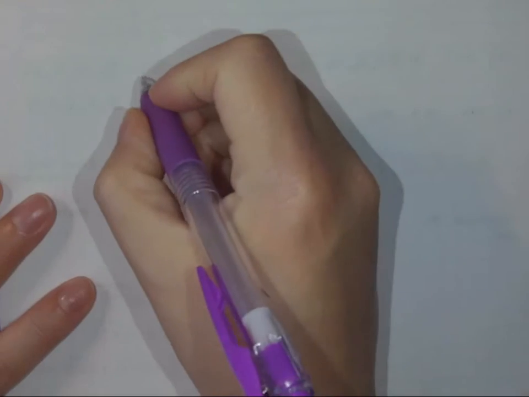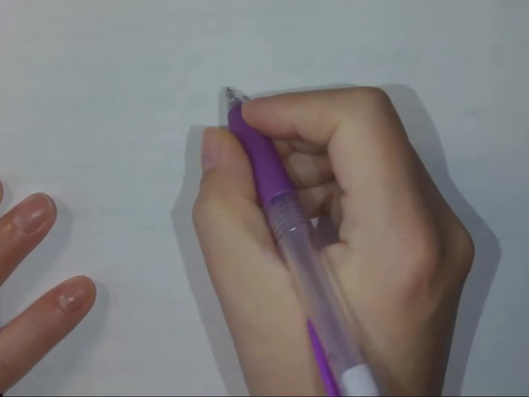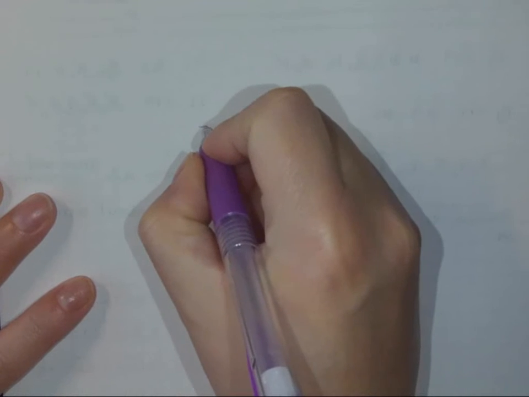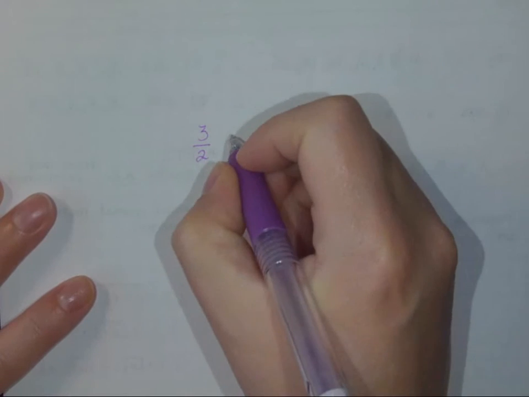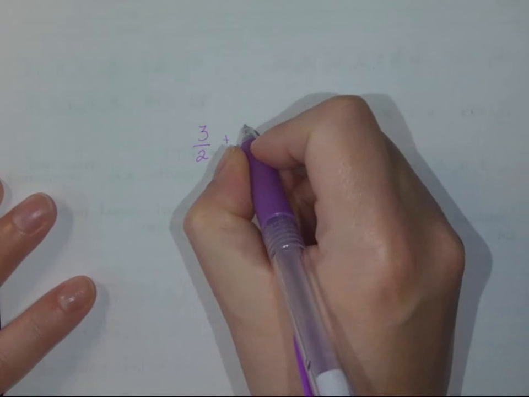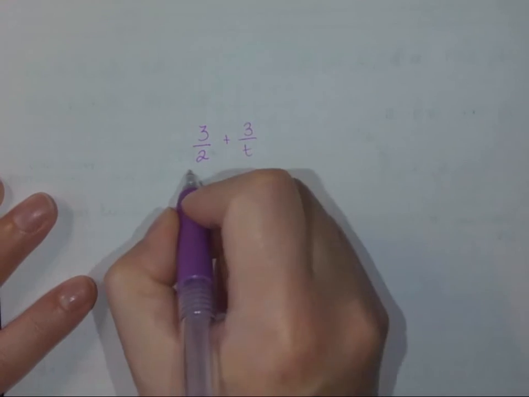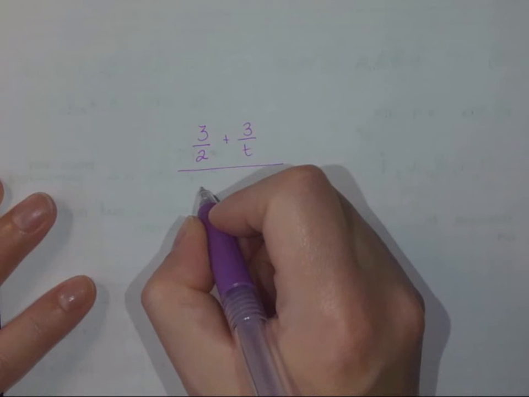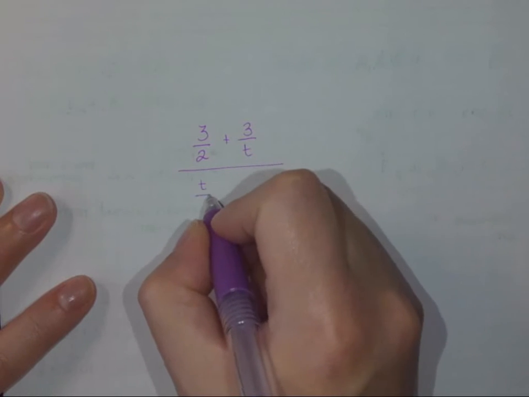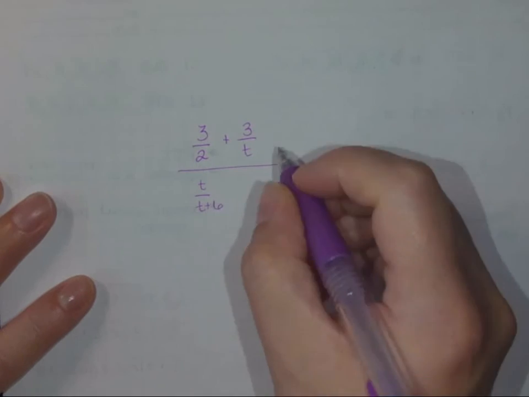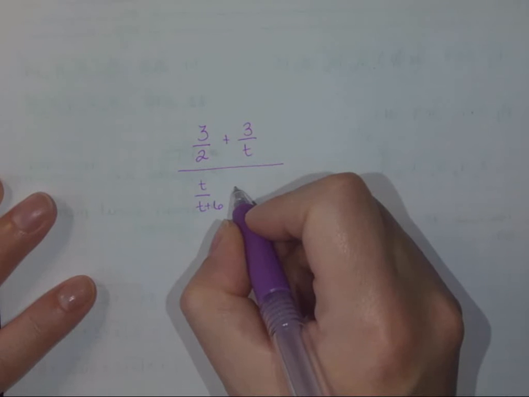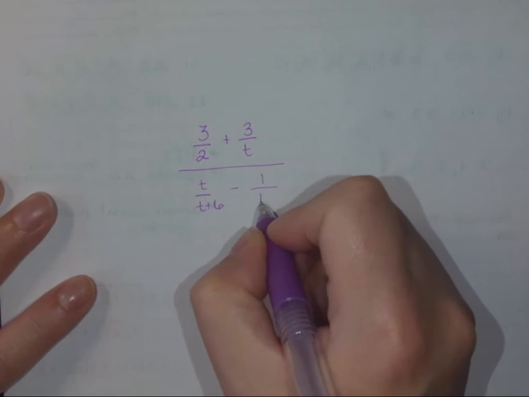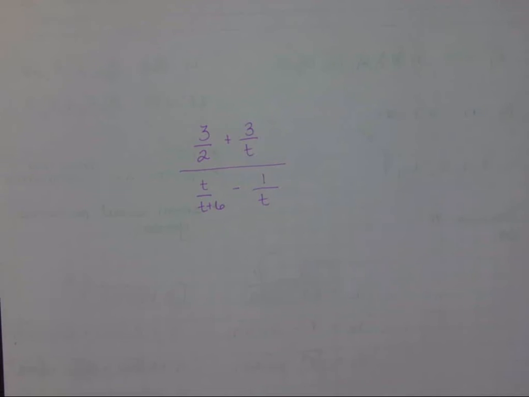It's a fraction: the top half is 3 over 2 plus 3 over t, divided by t over t plus 6 minus 1 over t. Okay, I can do this.